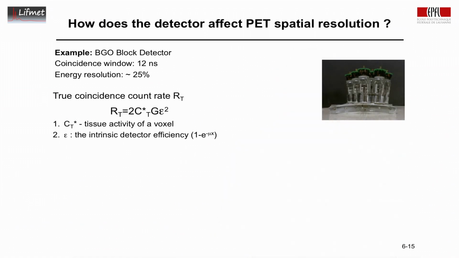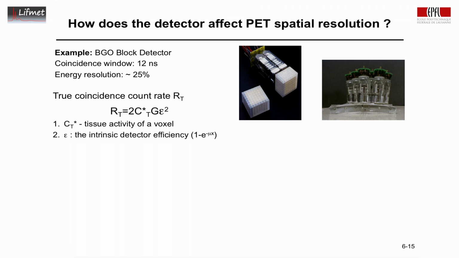So here's an example of a scintillation crystal and the photomultiplier tubes on top. We'll look here at a more modern detector. We have the photomultiplier tubes here. Here's the electronics. Here's the scintillation crystal, and the scintillation crystal has a certain thickness.